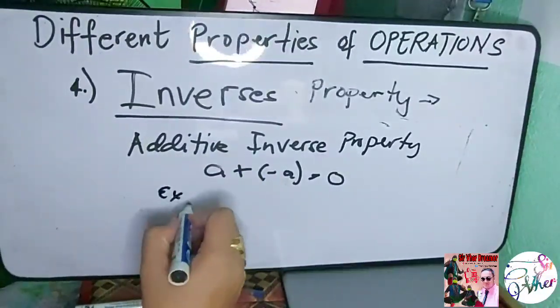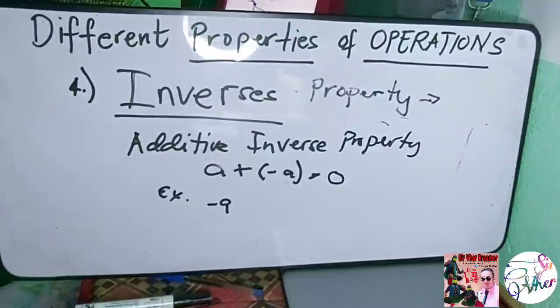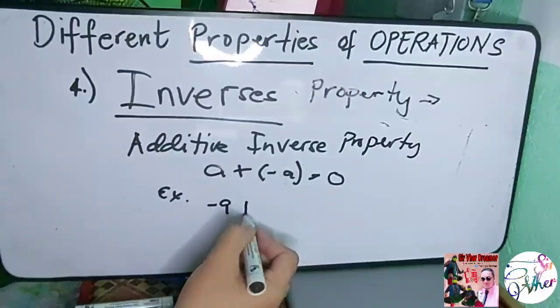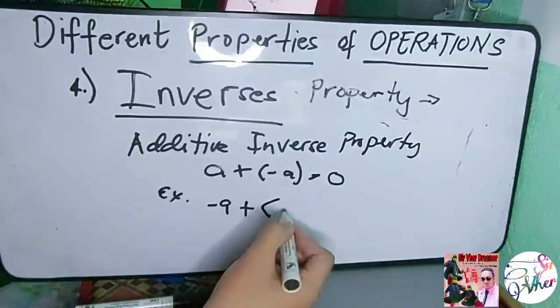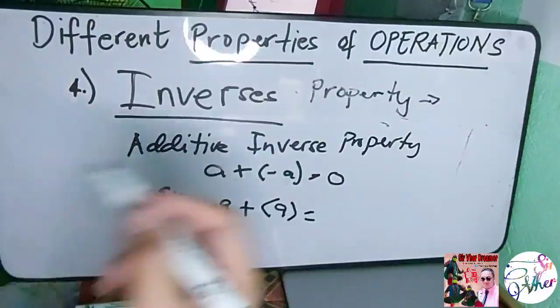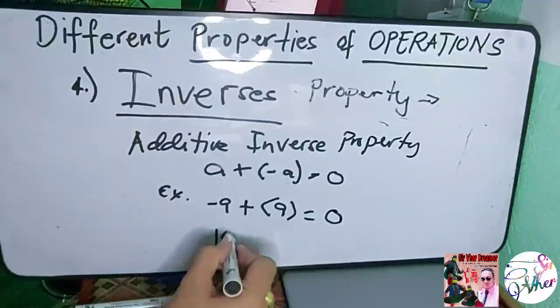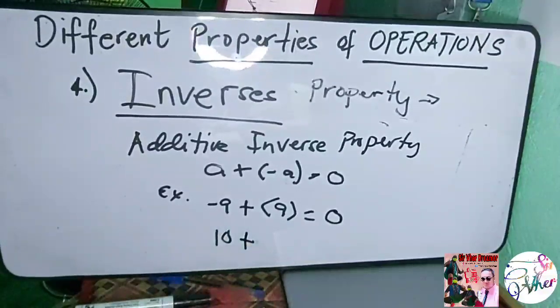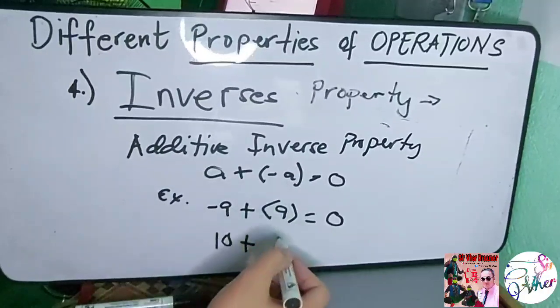Example. Negative 9. What is the additive inverse of negative 9? The additive inverse of negative 9 is 9. So the answer is 0. 10 plus, what is the additive inverse of the number 10?